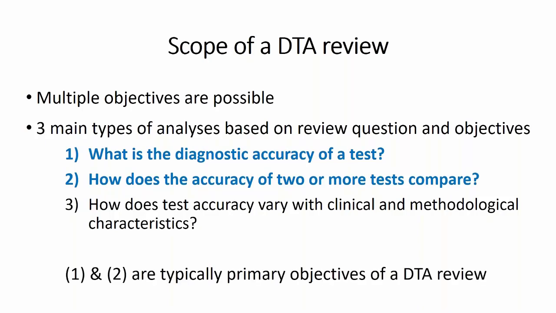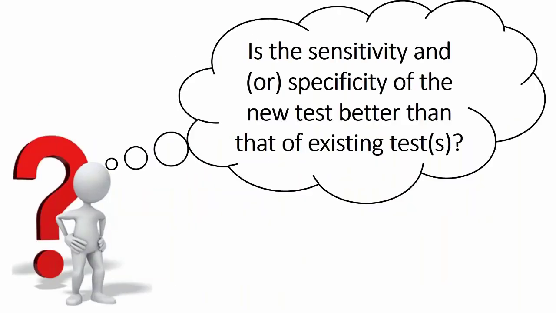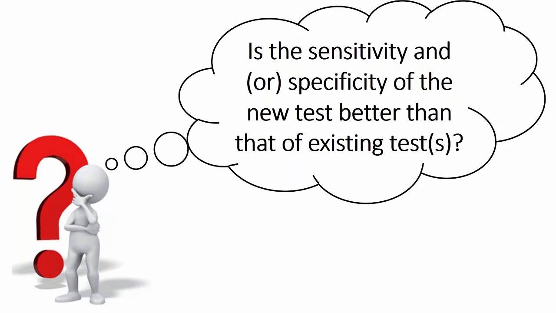In terms of what the primary objectives of a DTA review are, they're usually the first two on this list. So it's either about the diagnostic accuracy of a single test or comparing the accuracy of two or more tests. So when I talk about comparative accuracy, what exactly am I talking about?